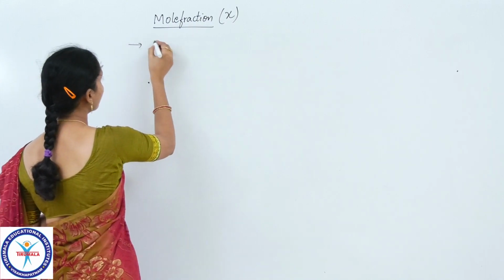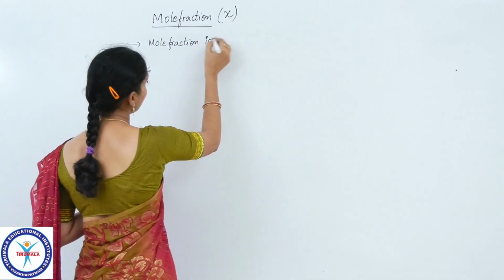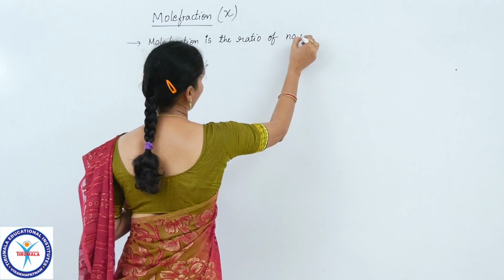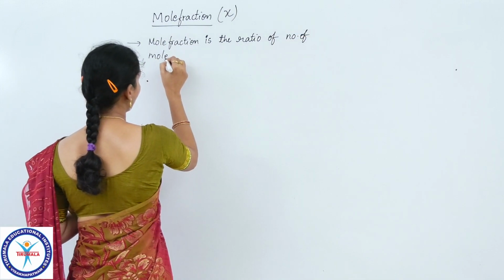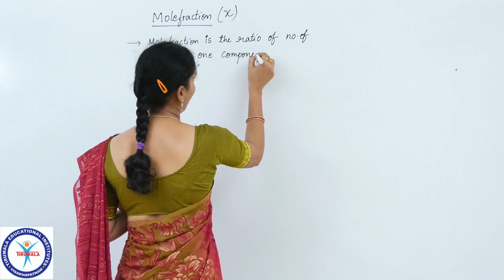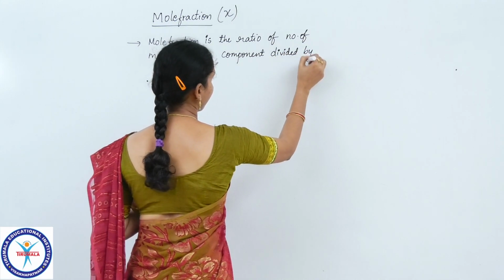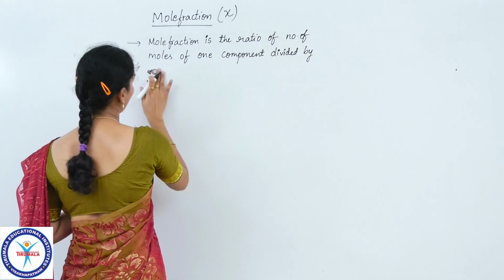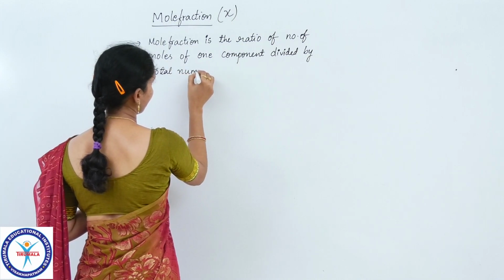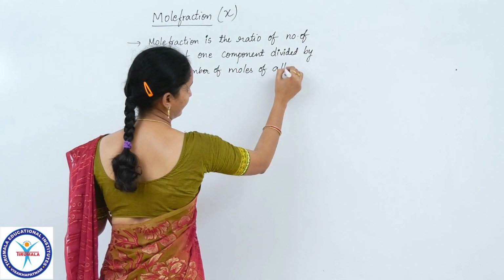So the first important point is mole fraction is the ratio of number of moles of one component divided by total number of moles of all components.